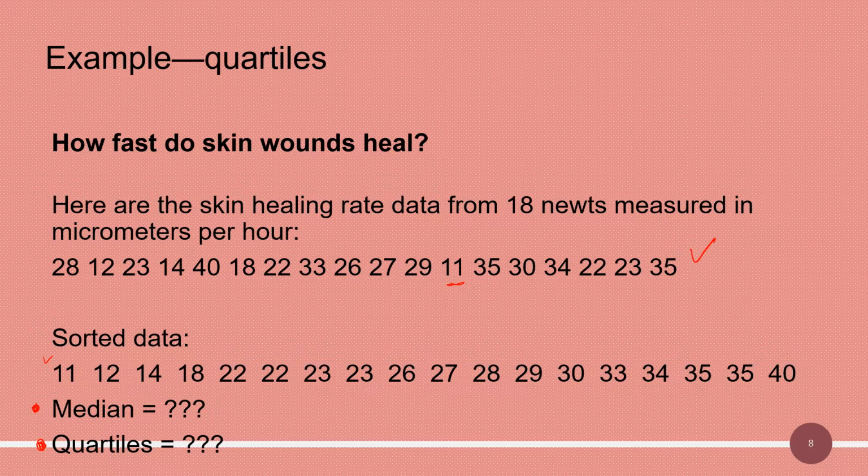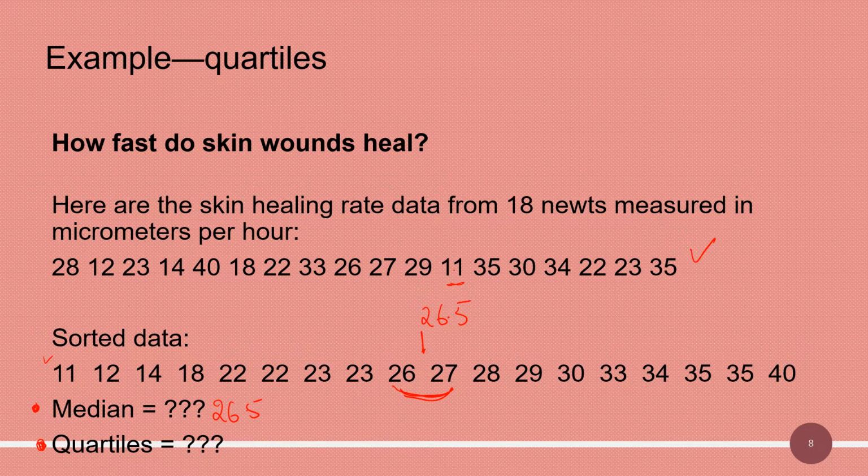So the middle term here will be the average of 26 and 27, because I have got two middle terms. So this 26.5 will be the median.